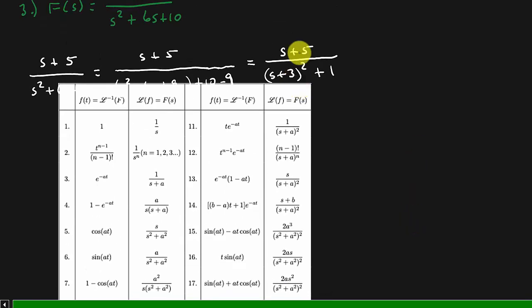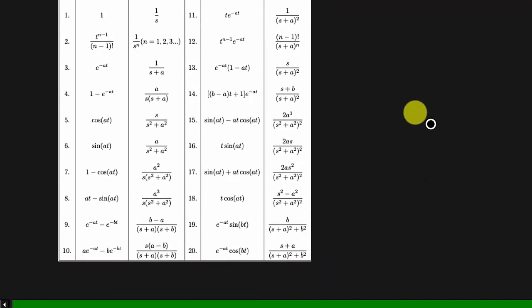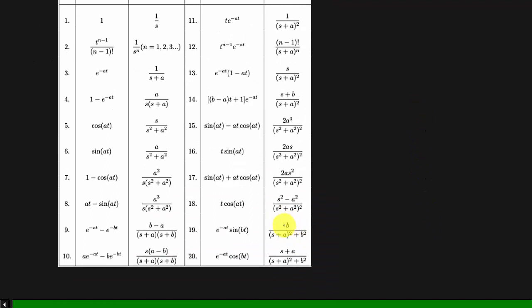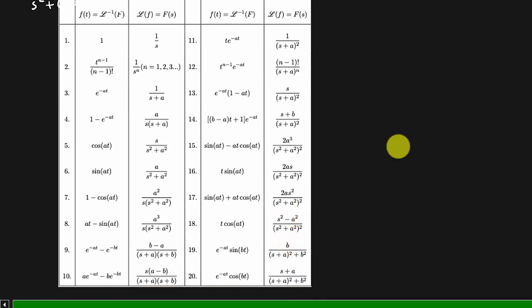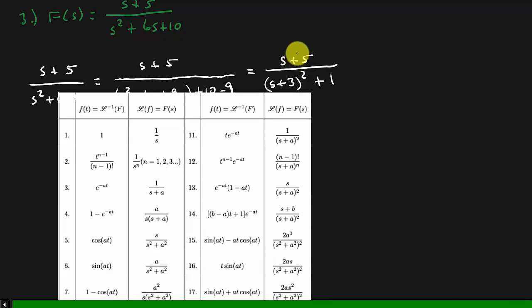See, we got the 3 here. That needs to be s plus 3, and it's not. And then here, this b here, well, b is 1. 1 squared is 1. We need a 1 in the numerator here. We don't have that either.